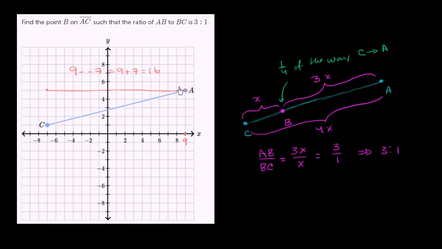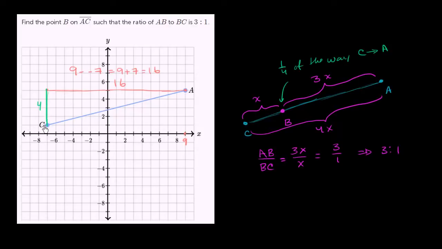And you see that here, 9 plus 7, this total distance is 16. That's the horizontal distance change going from A to C, or going from C to A. And the vertical change, you could even just count that, that's going to be 4. C is at 1, A is at 5, going from 1 to 5, you've changed vertically 4.